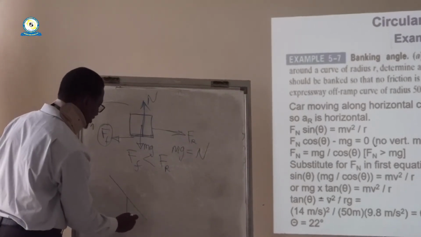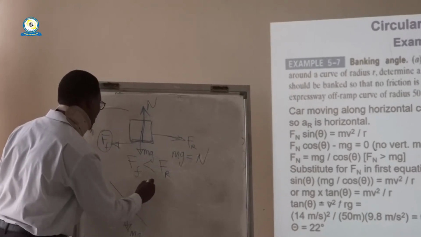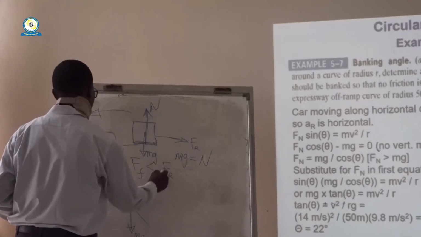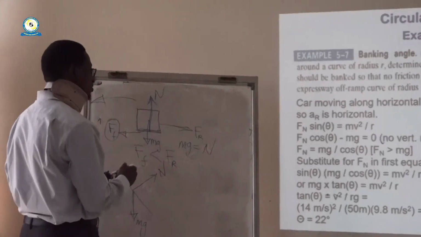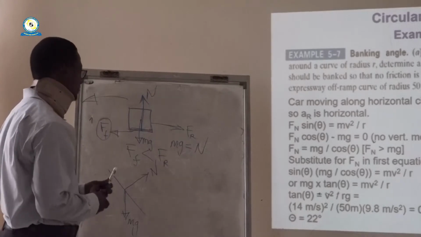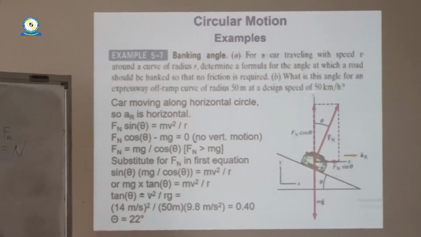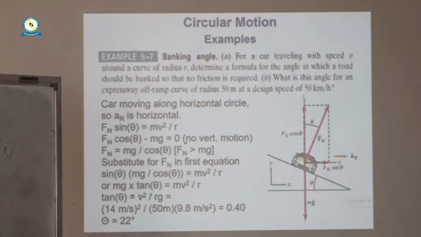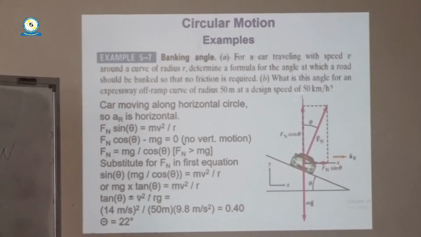Mg will be there. Normal force, see? Perpendicular to surface, always. So normal is there. You have to consider those cases. So when you resolve this normal force, you get the component toward the center.